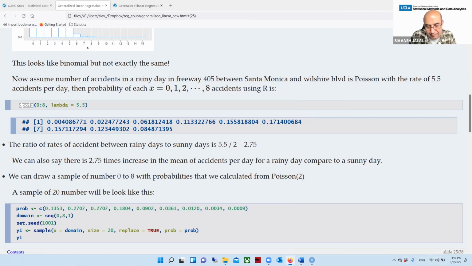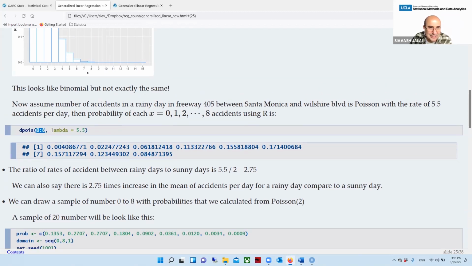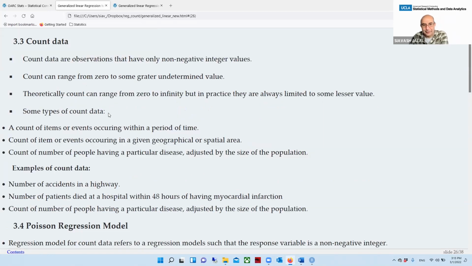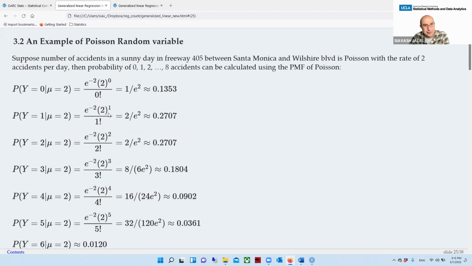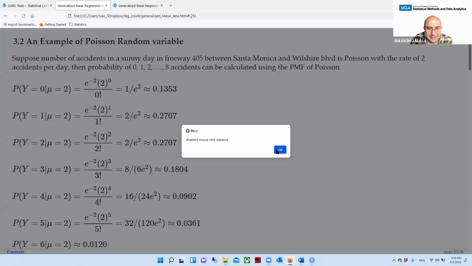For example, 1: you create one random sample from normal 0, 1. In Poisson it is rpois. And here I calculated the distribution probability, or probability mass function, for lambda 5.5.